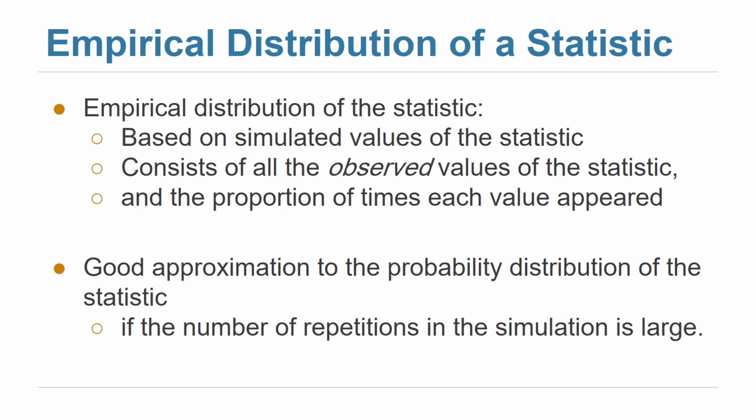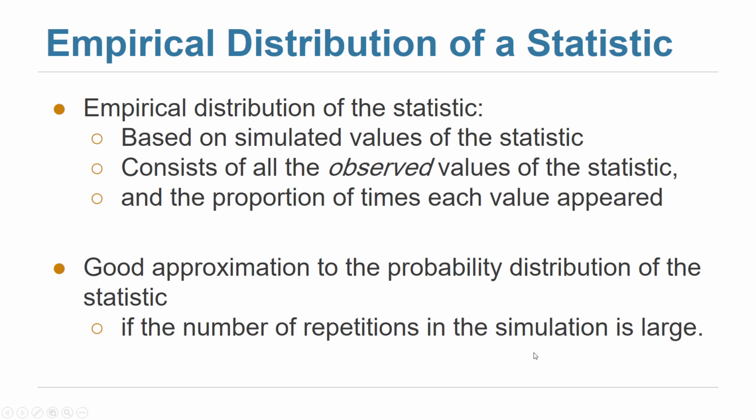This is what we just did. So for simulation, instead of getting the probability distribution, we get the empirical distribution of the statistic. And that will consist of all the observed values of the statistic instead of all possible values. And it will be a good approximation to the probability distribution if the number of repetitions in the simulation is large.